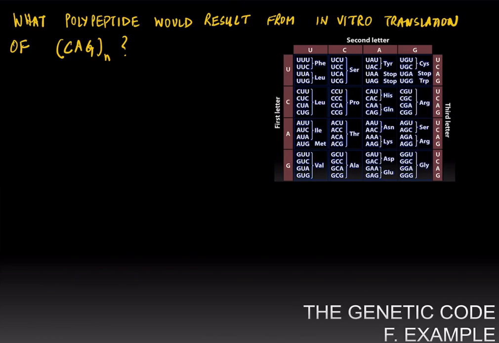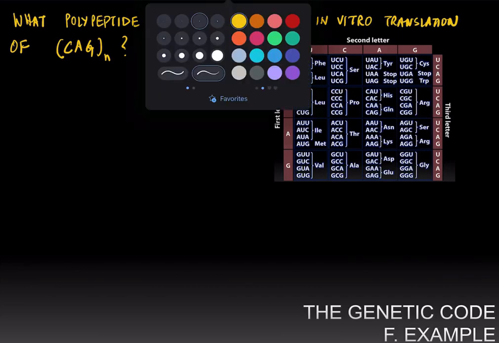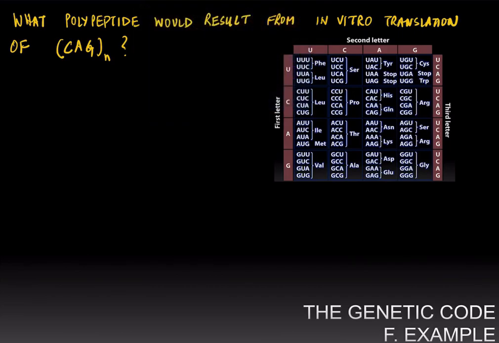Let's do an example. What polypeptide would result from in vitro translation of repeats of CAG? So the message is going to look like the following: CAG, CAG, CAG, CAG, and so on.